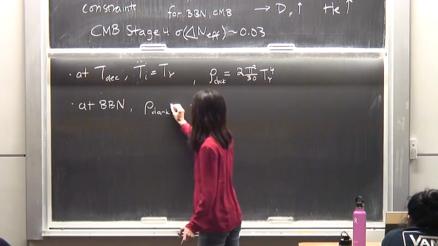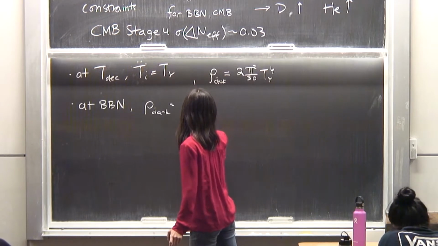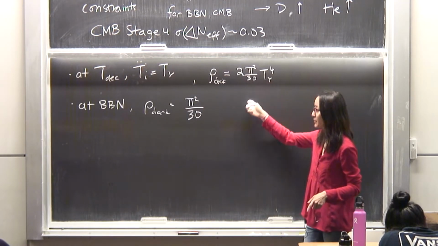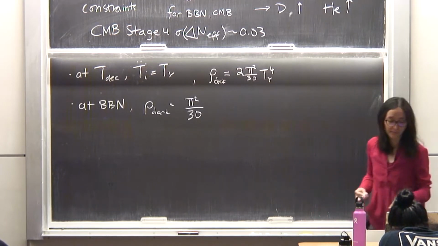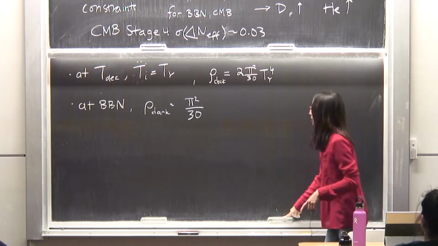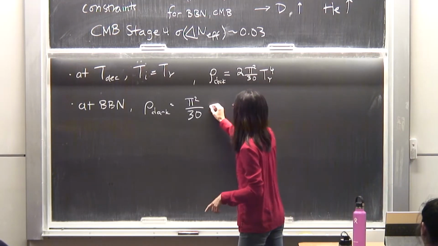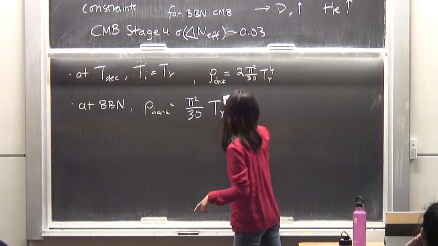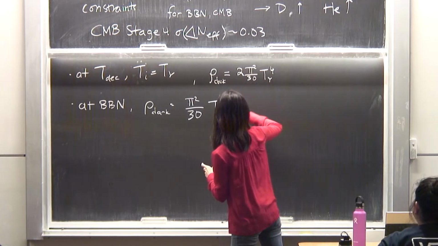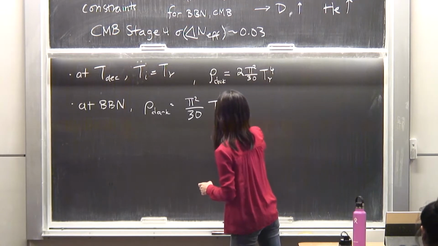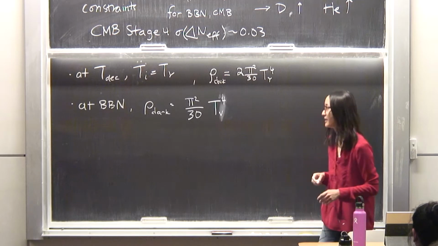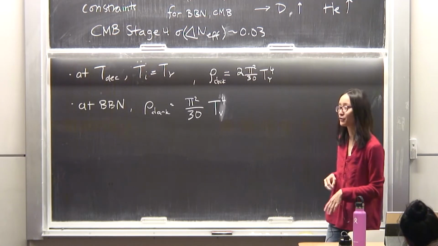So, write it this way. If this sector evolved the same way as the photons, we know what happens. But since it doesn't, we have to increase this. Sorry, let me write it this way. So let's first just track until just before neutrino decoupling.